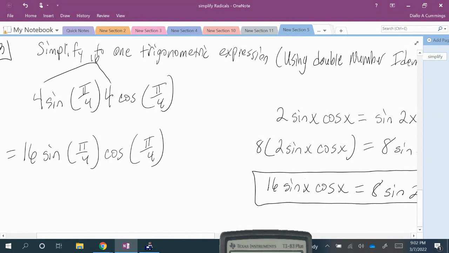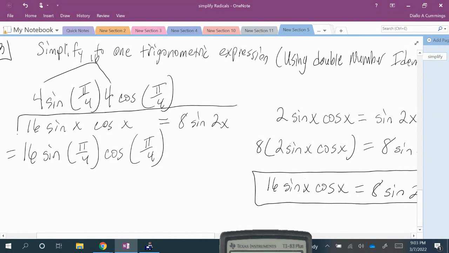Above that, I'm just going to write that formula. I have 16 times the sine of x times the cosine of x. That's equal to 8 times the sine of 2x. From this point, I'm going to take the formula and substitute x for pi over 4.